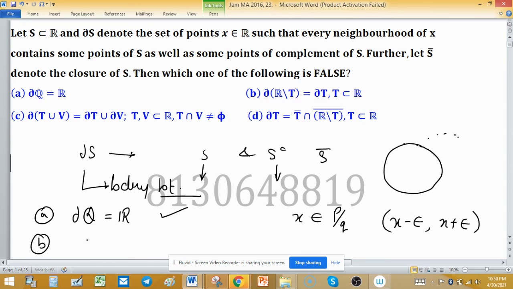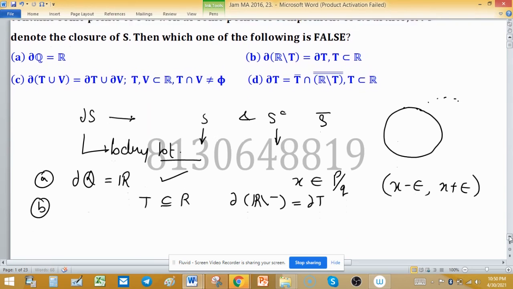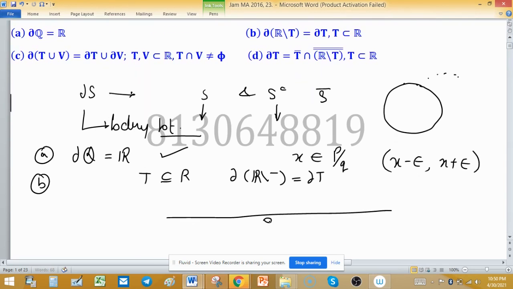Now option B, T is a subset of R and it is a proper subset of R, then boundary points of R difference T is boundary points of T. So for this, suppose this is the real line, this is 0, and this interval is T, then these endpoints A or B are boundary points of T. These 2 points are boundary points of this set, and boundary points of R difference T will be one is this and second is this.